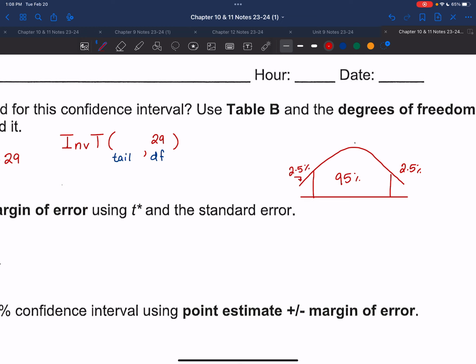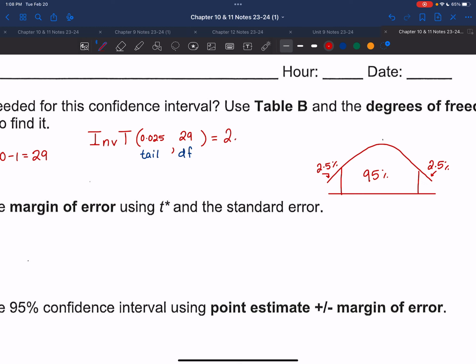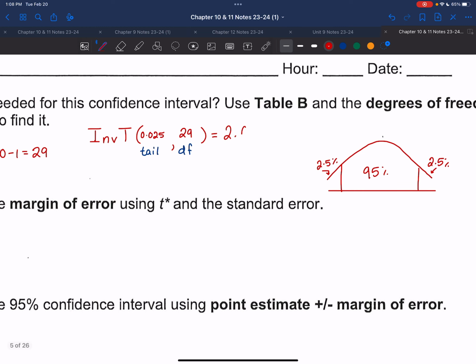So as a decimal, your tail is worth 0.025. Whatever your tail value is, just put it as a decimal and then your degrees of freedom. If I plug this into my calculator, I'm going to get a T star of 2.045.